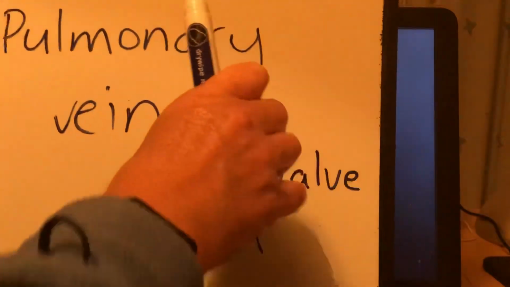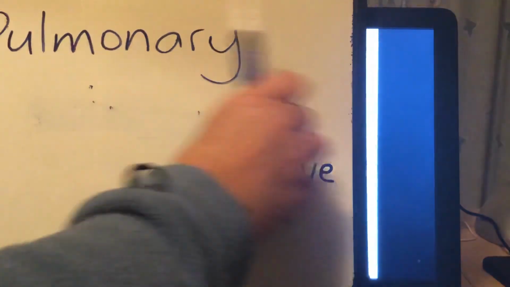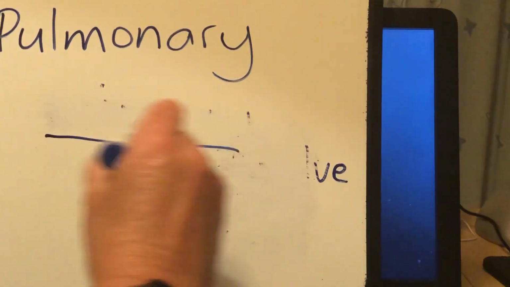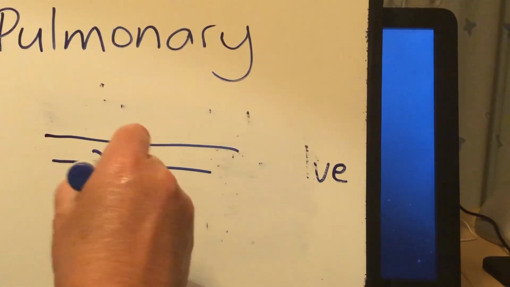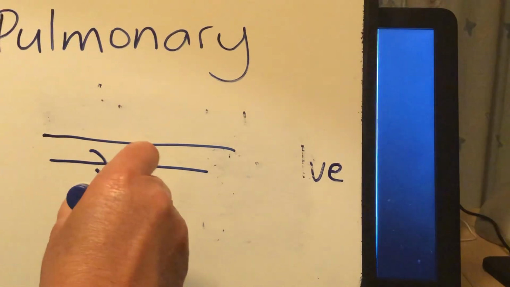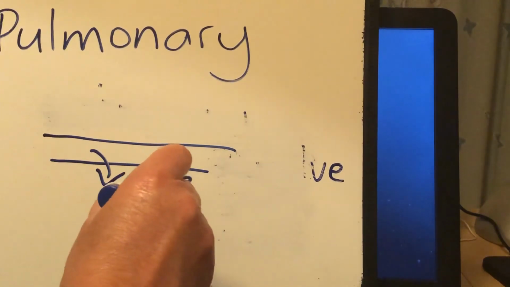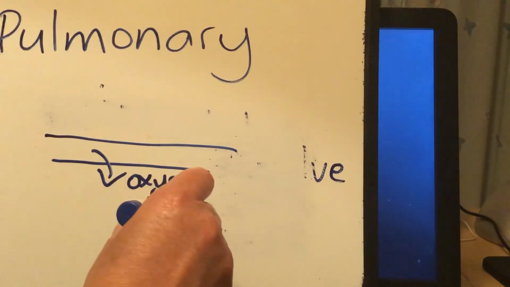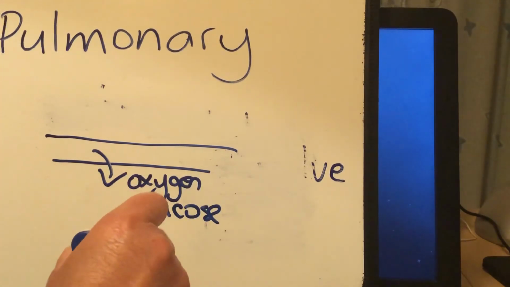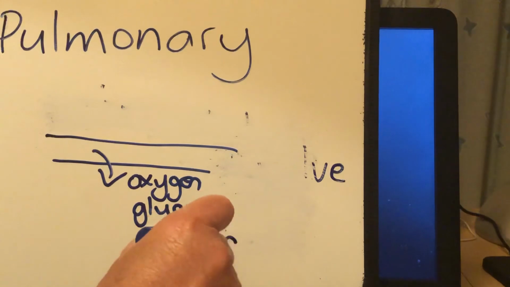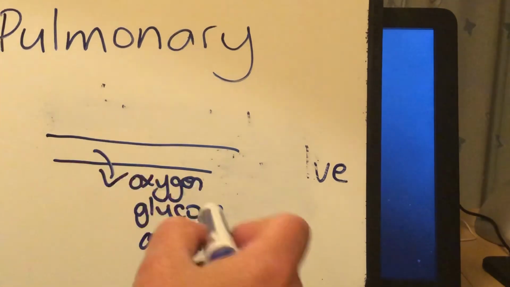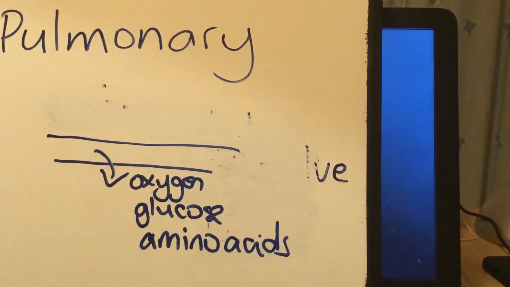So if I can just clean this. So if we've got a capillary and we're saying things can leak out of it, things like oxygen will be dissolved in the fluid, glucose, amino acids, just some of the things that would be in a high concentration in the blood, that leaks out into the fluid.